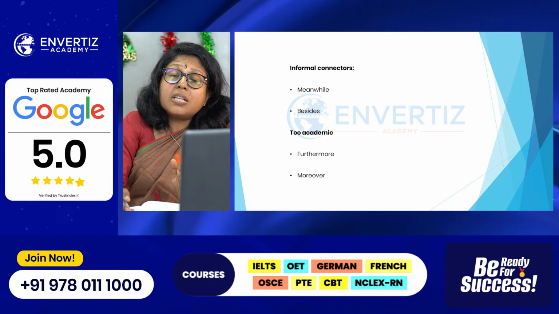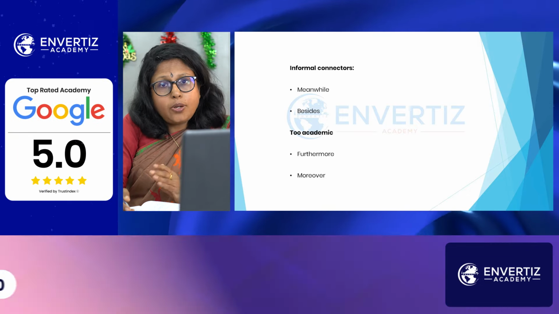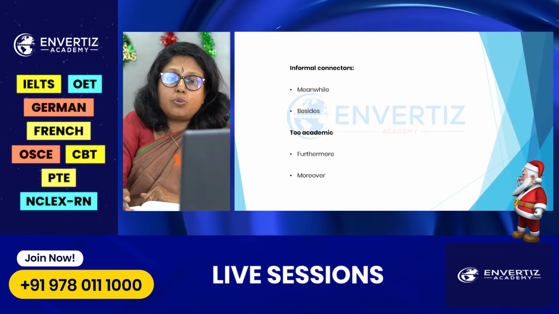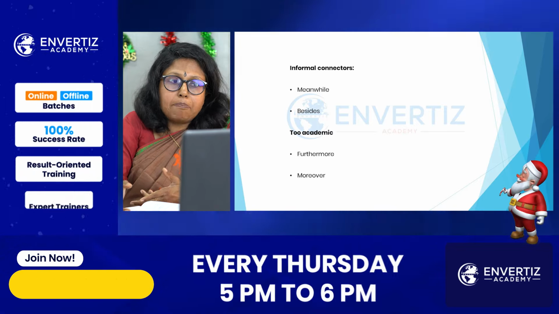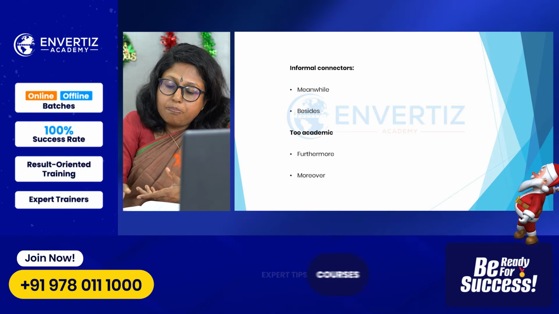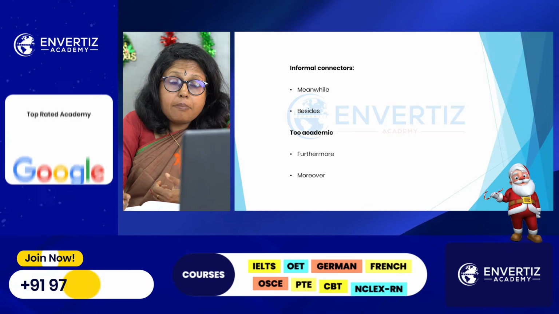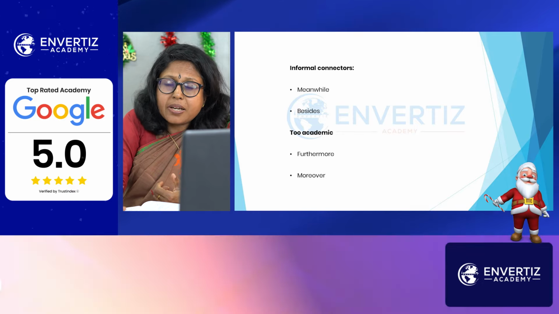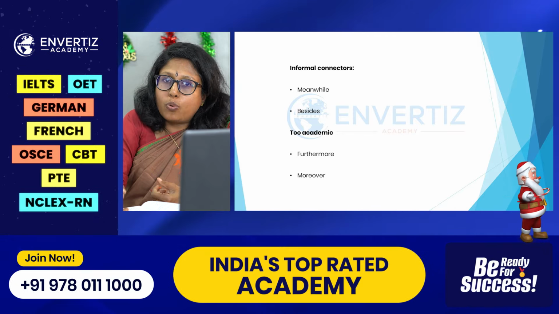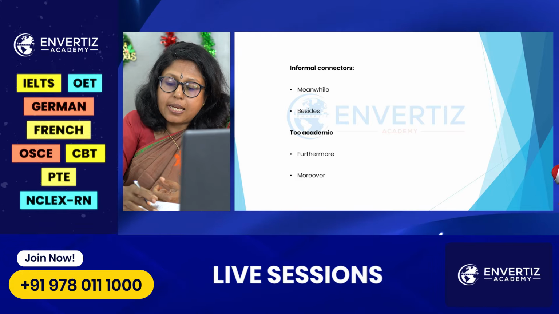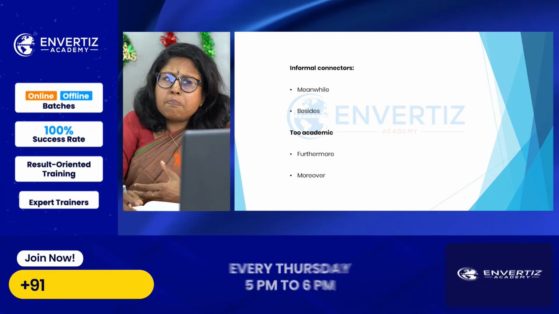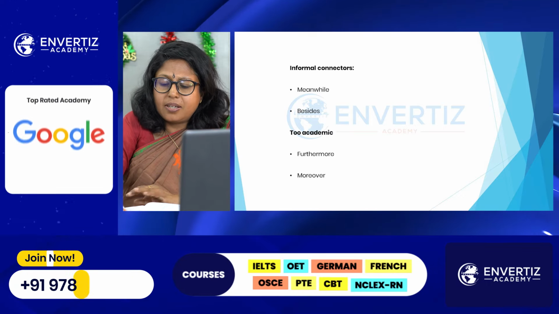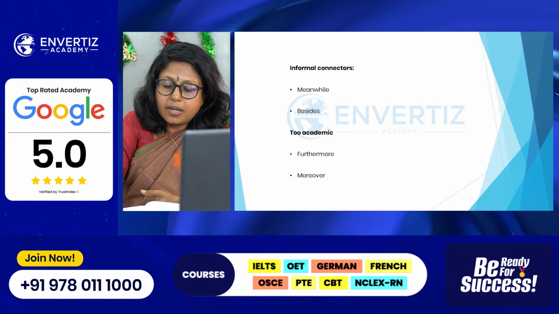There are both simple connectors and complex connectors. Well, there are certain informal connectors that you must not use. For example, meanwhile and besides. They must not be used in a letter. Similarly, there are certain connectors that are too academic, I should say, like furthermore and moreover. Please do not use these as well. I would say preferably don't use these. It's not required. Okay, so try using the other connectors.